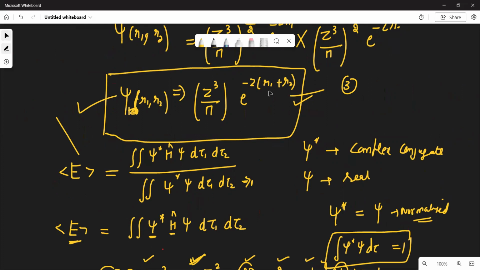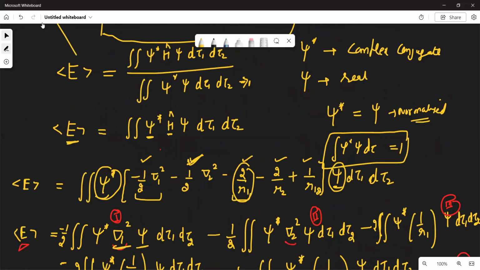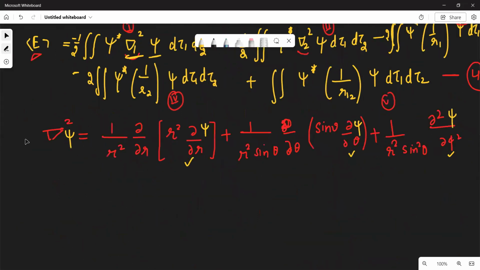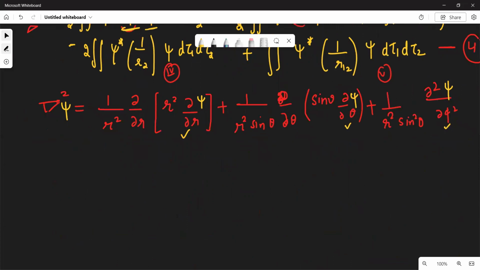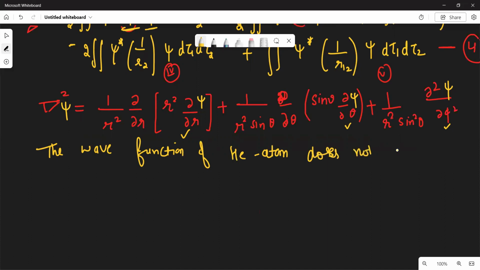So here we will write one line that the wave function of helium atom does not contain theta and phi.